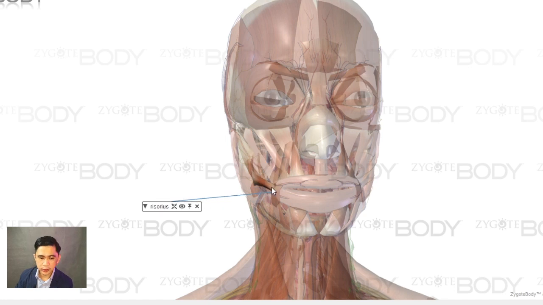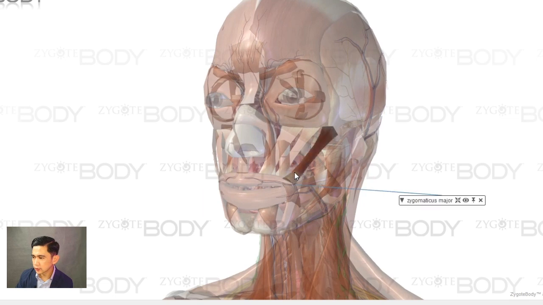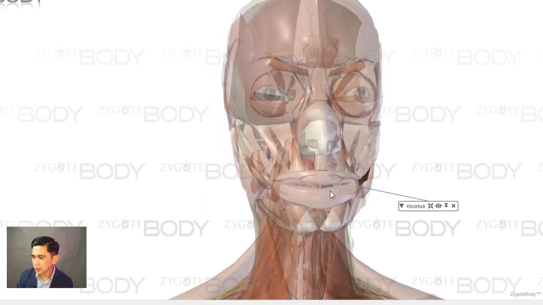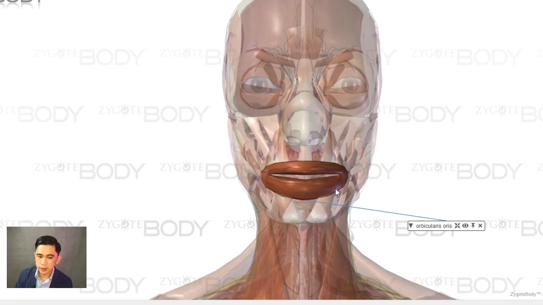We have here the risorius, which controls the angle of the mouth sideways. Now we have here the orbicularis oris, which controls the aperture of the mouth. These are the muscles producing the smoker's lines and also the muscles implicated in the defect of cleft lip babies.